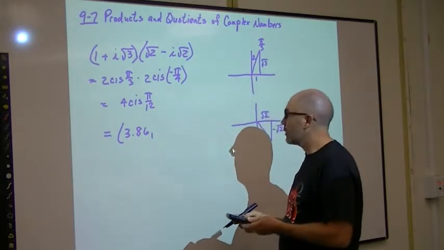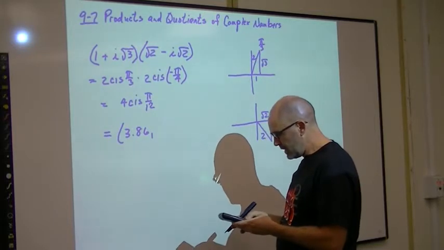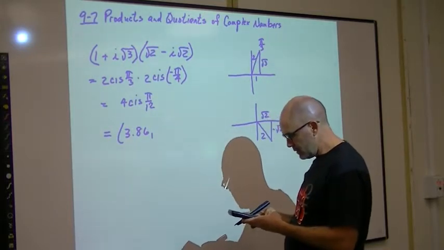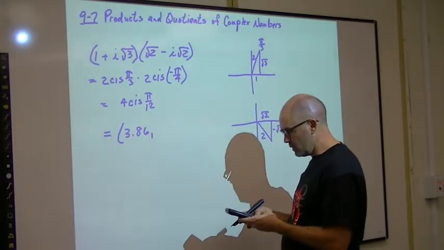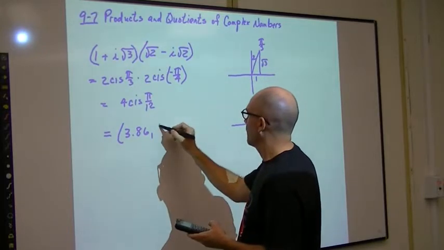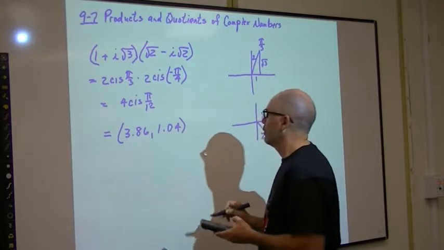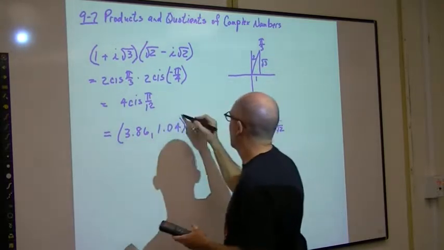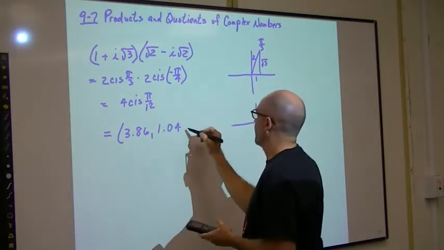And in the y direction, we just take pi over 12, take the sine of it, and multiply that by 4. So we get 1.04 i.